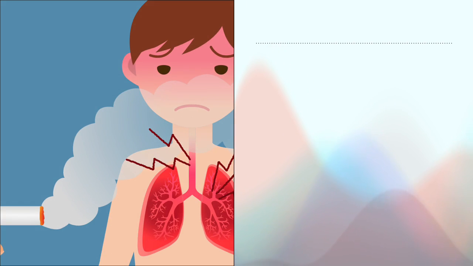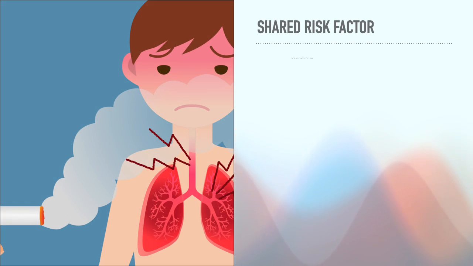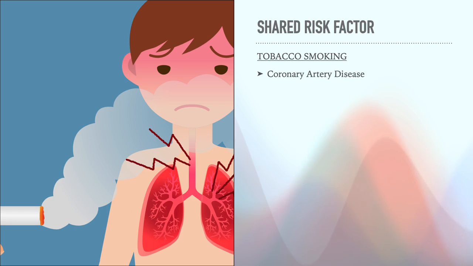As you know, smoking is a main risk factor for developing COPD. It's also a shared risk factor for other conditions, such as coronary artery disease, which is the most common type of heart disease in the United States. This is a condition where your heart is not getting enough blood flow, oxygen, and the nutrients it needs.